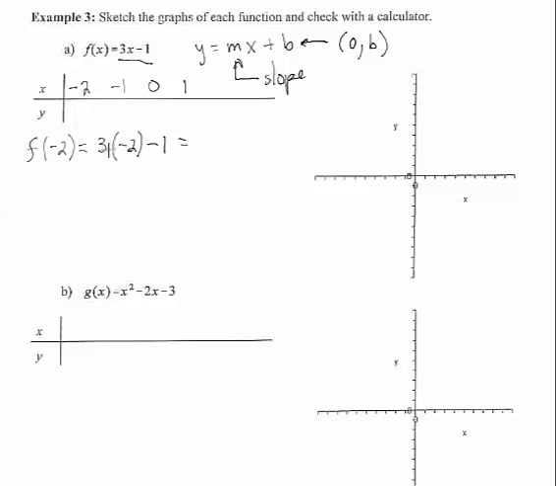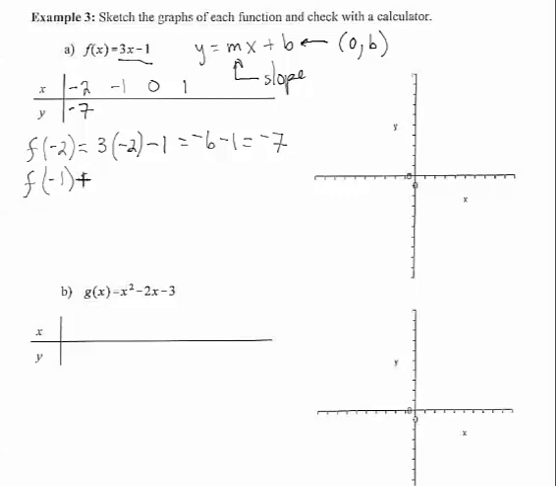Now we just follow the order of operations. Not a lot to do here. 3 times -2 is -6 minus 1. We would get -7, and so we would place that here under the -2. I would just follow this procedure for the rest of my x values that I chose.